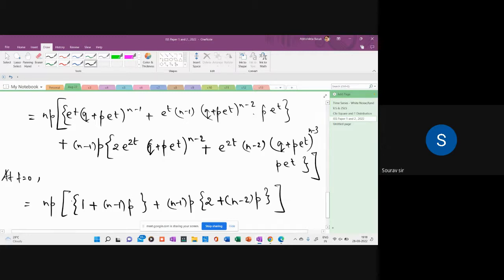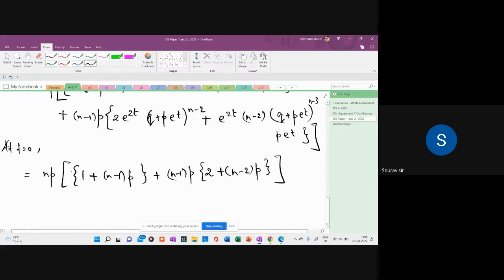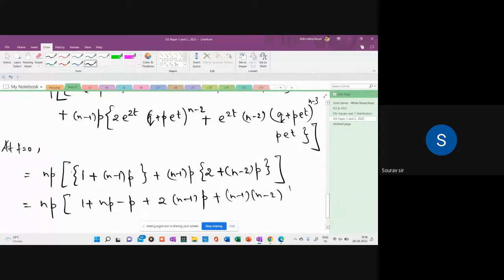So let us simplify this thing. So this is np into 1 plus np minus p plus 2 into n minus 1 into p plus n minus 1 into n minus 2 into p square.